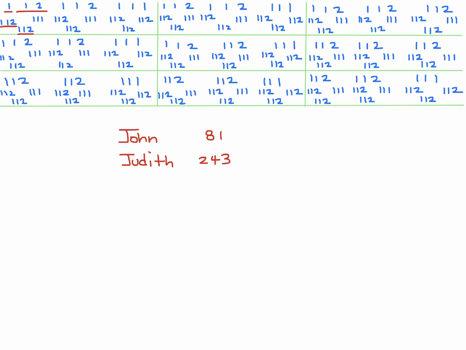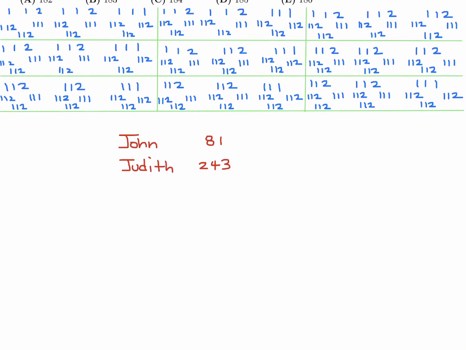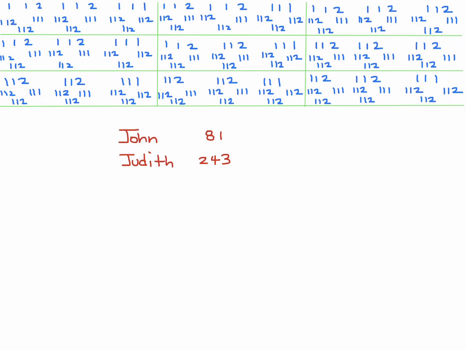Okay? Now, what do they want in our question? They want you to figure out how many times you have 5 consecutive 1s. All right, let's figure it out based on what I wrote. 5 consecutive 1s. Okay, I see this is one scenario. That's 1, 2. This is for John, not for Judith. So I've got 3, 4.